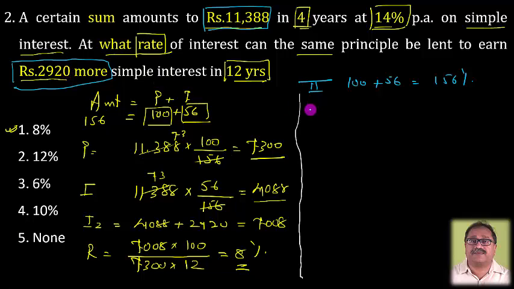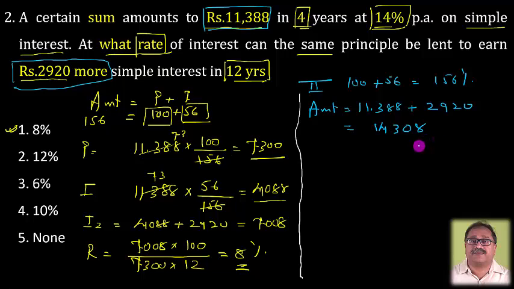That means my amount should be 11,388 plus additional interest, and that additional interest is 2,920. This should be my amount, which gives us 14,308.